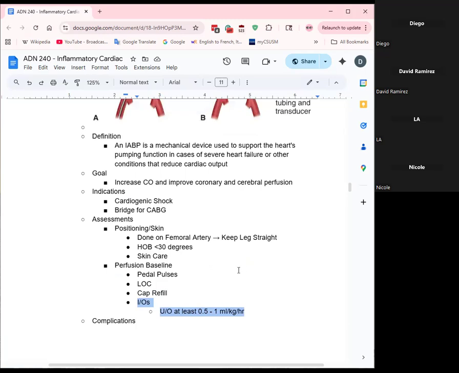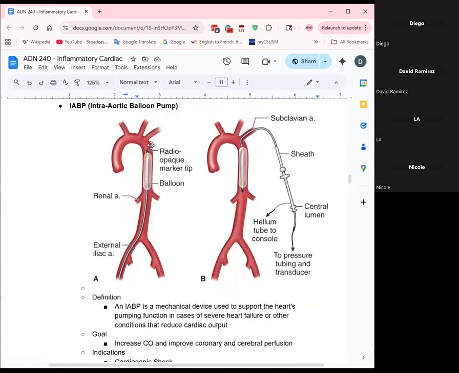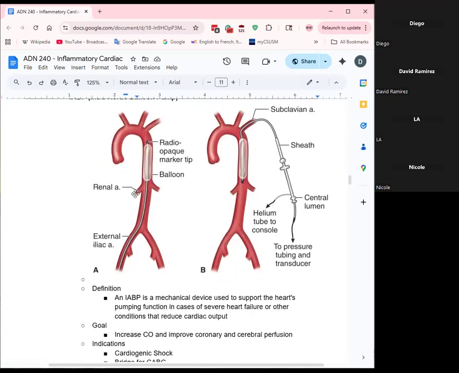they're having shock, so naturally they're going to have a decreased urine output. But with this balloon pump, it should be helping them. One of the things you might notice here is that the renal arteries are right here, right below the balloon.